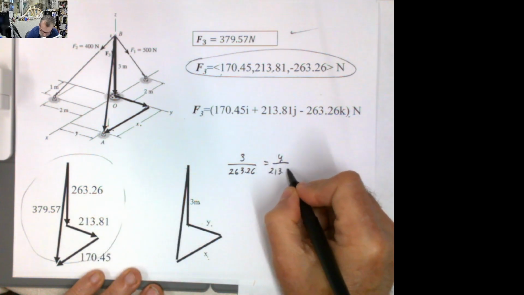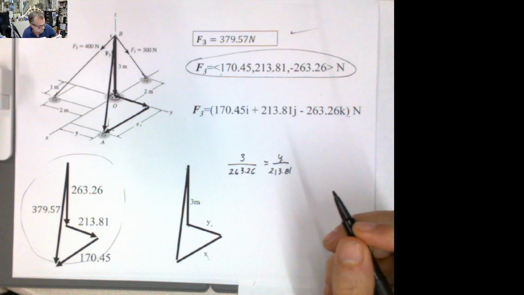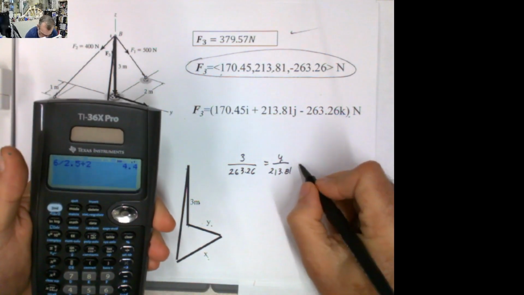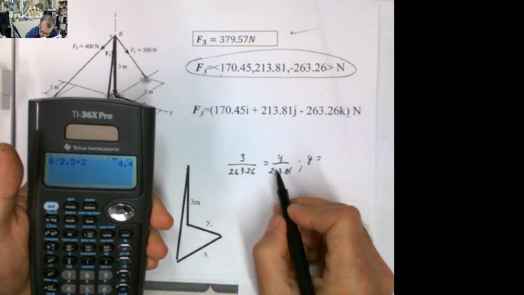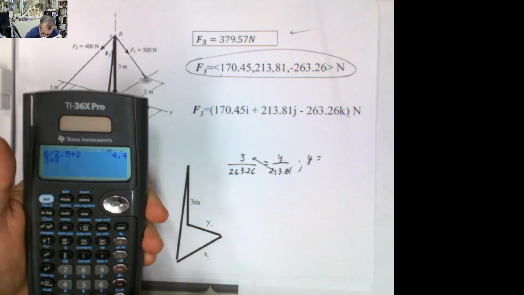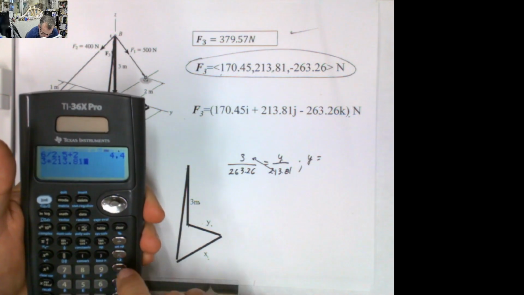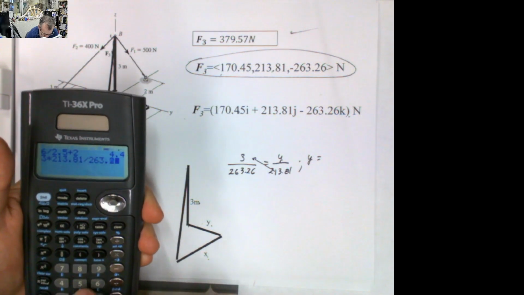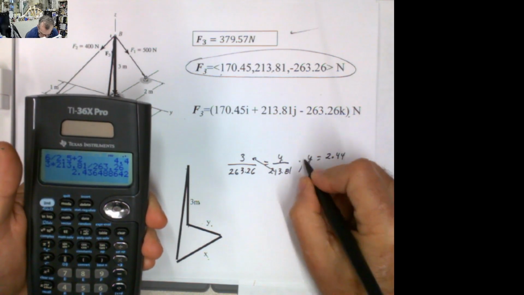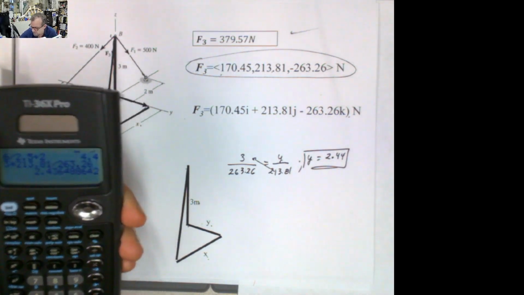Once again, comparing the sides of the polygon, and then you can solve that and solve for y, and y will be, you pass this multiplying there, 3 times 213.81 divided by 263.26, 2.44. That's that distance in y.